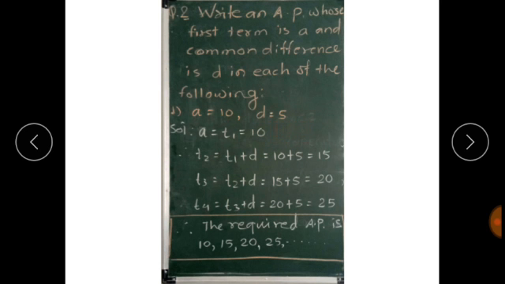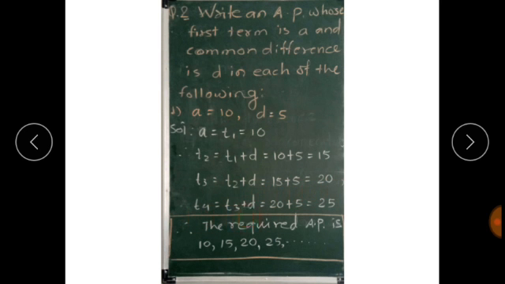Now here a is always the first term, so a is equal to t1 is equal to 10. This is the first term. So we can find out t2. t2 is equal to t1 plus d. Here t1 is 10 plus difference 5, it is 15. Similarly, t3 is equal to t2 plus d, 15 plus 5, which is equal to 20, and t4 is equal to t3 plus d.